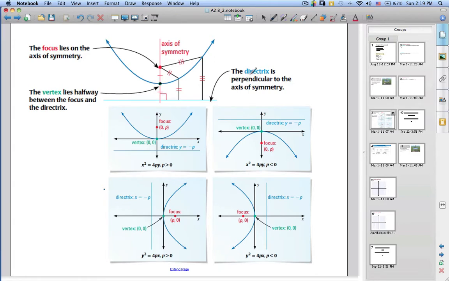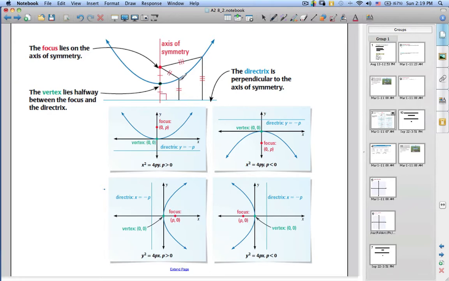And then another item that we needed to know about is the directrix. The directrix is a perpendicular line to the axis of symmetry. And what's important to know is that the distance from the vertex to the focus is the same distance from the vertex to the directrix, just going in the opposite direction.